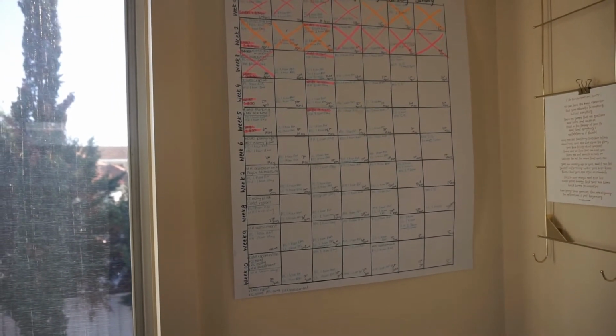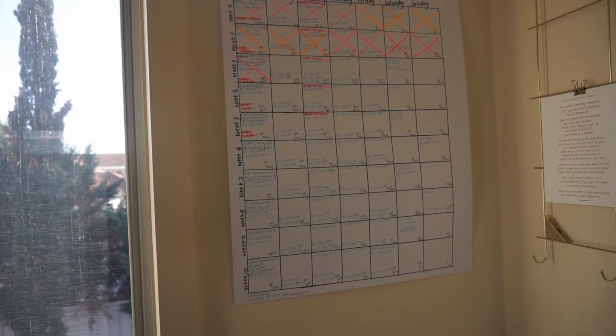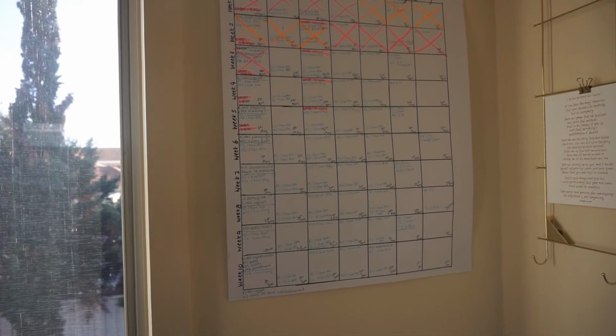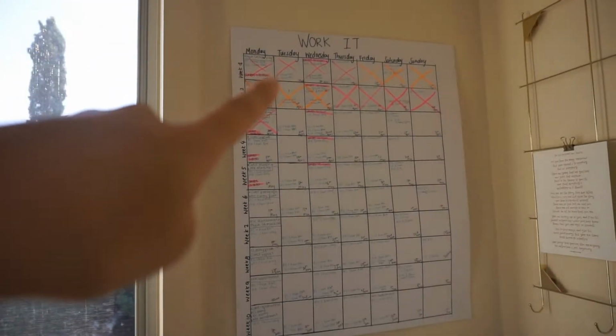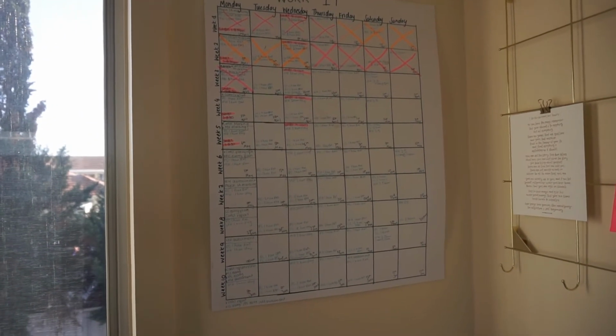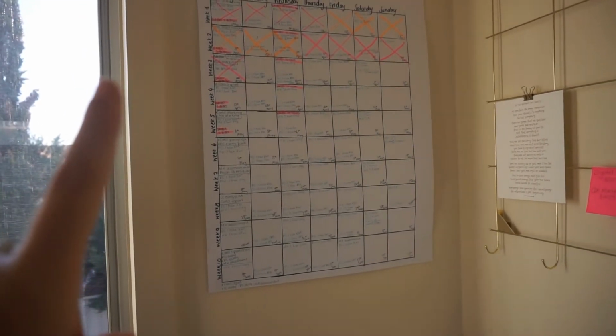I went looking for a planner, but I couldn't find one that was going to do what I wanted. So I just bought a poster page and created my own. And I am crossing off the days as I go to get down to the end. So that is the first technique that I am using.